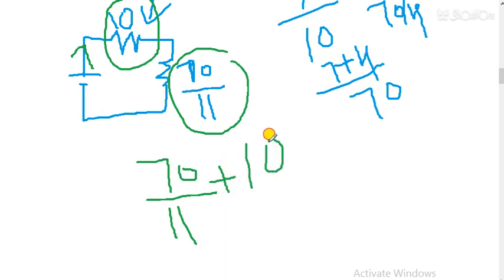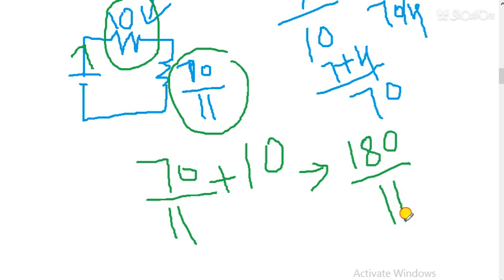So you have 110 plus 70, so your answer will be 180 by 11. So students, this is the answer of this question, 180 by 11 ohm.